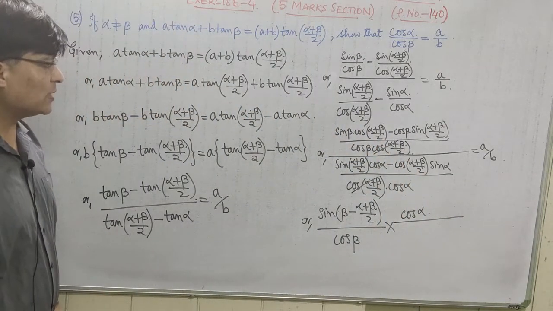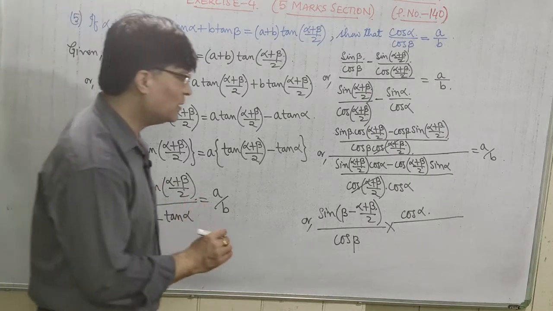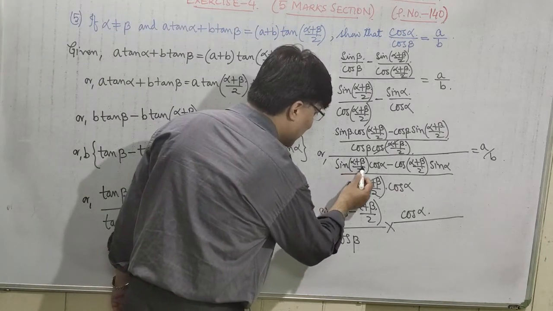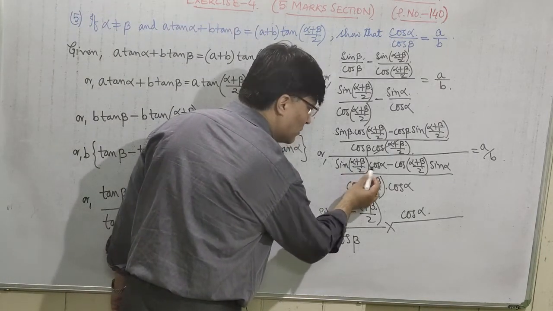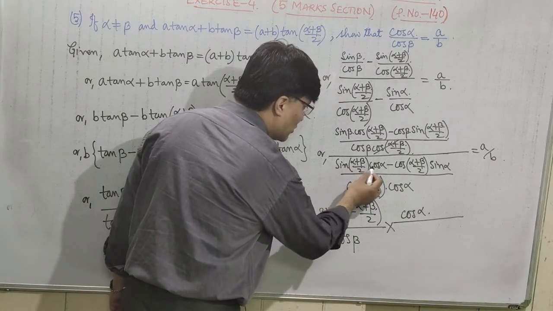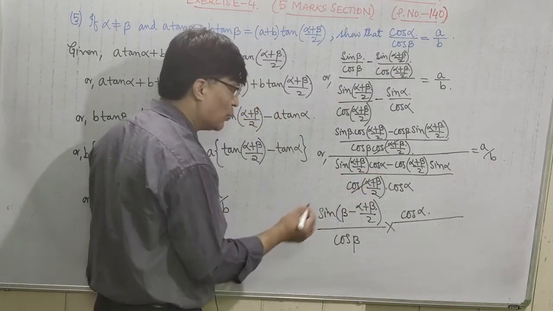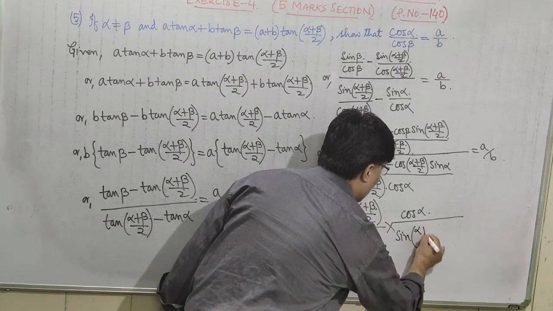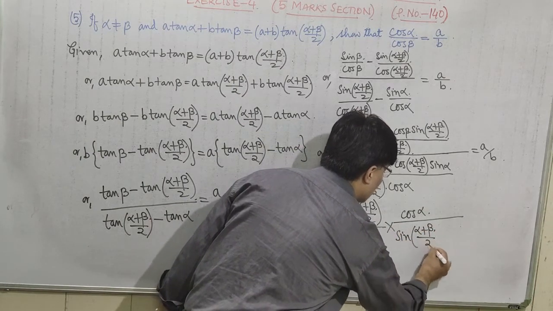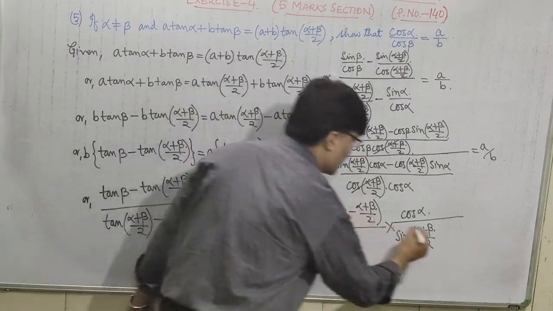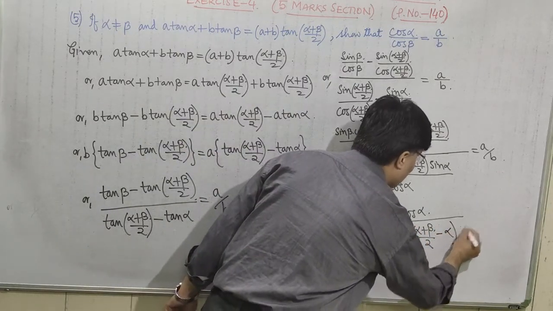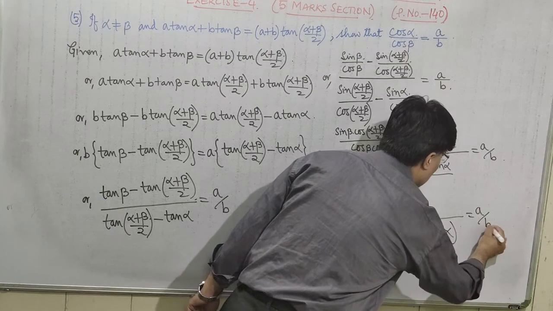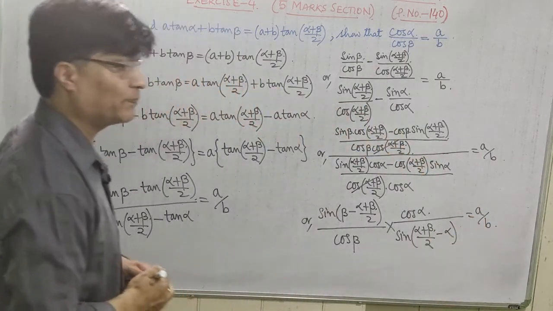Now in the denominator, what's the formula? Again it is sin A cos B minus cos A sin B, where (alpha plus beta)/2 is A and alpha is B. So this is sin of A minus B, that is (alpha plus beta)/2 minus alpha, which is equal to A upon B.